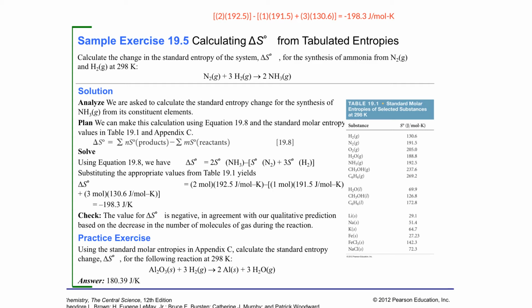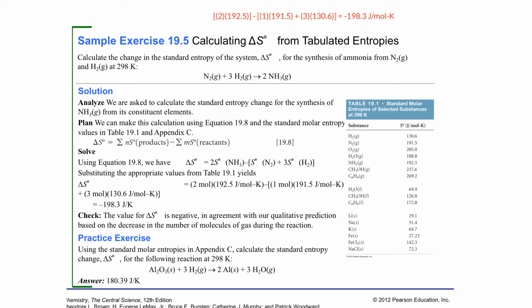That's all I'm doing. So at the top in red, I've got brackets here because that first bracket is your products. 2 moles times 192.5 joules per mole Kelvin. All of that together is what your products are. Okay? Now you're going to subtract the sum of your reactants.